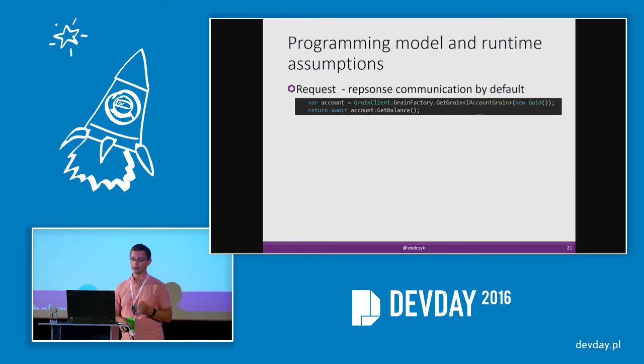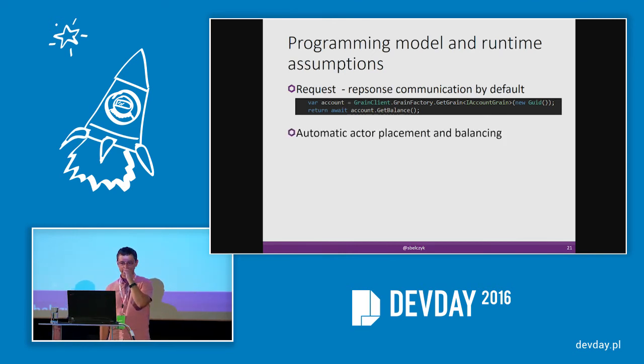What's interesting is that by default, all this kind of communication has a timeout. If the response does not come back in a defined time, a timeout exception will be thrown, and you have to either handle it or escalate the problem to the previous caller and maybe roll back and fail the entire request.